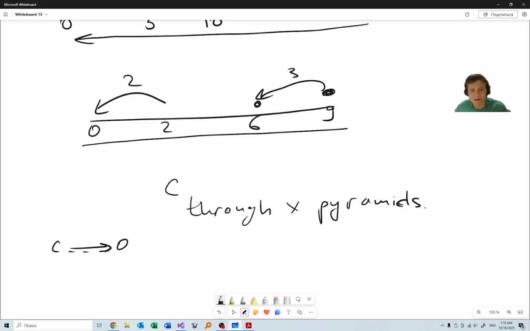But still, if we are in some number I, we would like to check if we can, using X pyramids, get number I. Then we can, using our current pyramid P, go to I minus P dot size and check if it is accessible via X minus 1 pyramids.